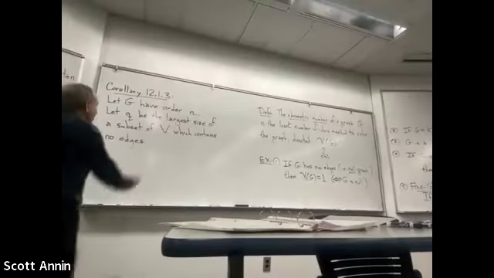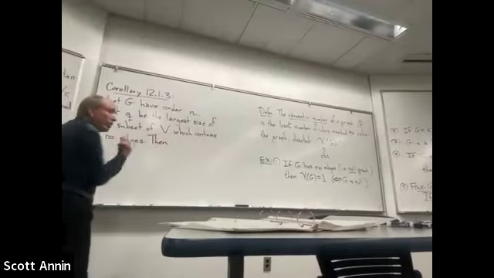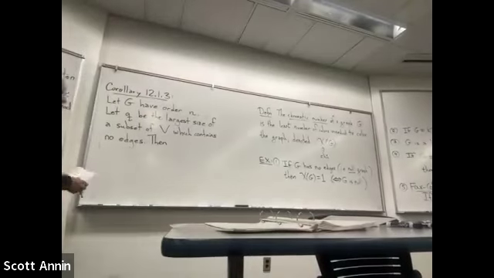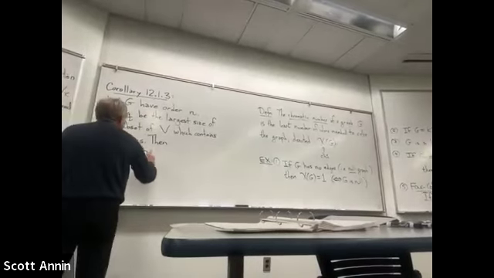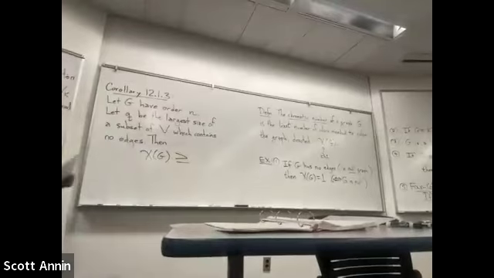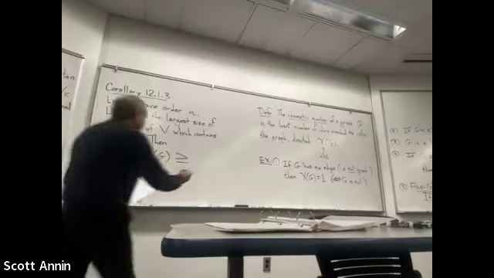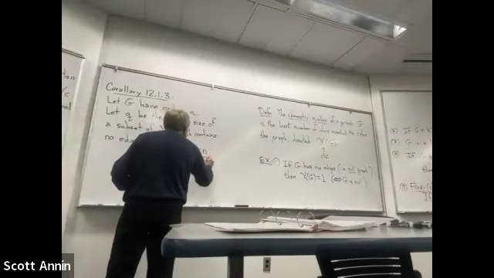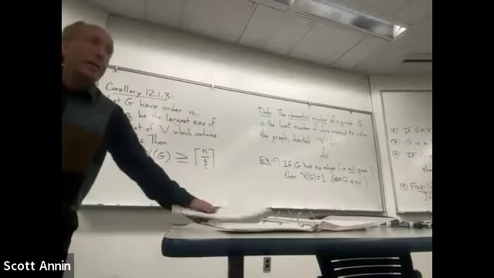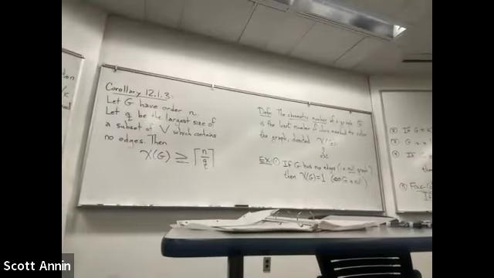But if you can figure out what Q is, then this corollary will give you a nice lower bound on the chromatic number. Namely, the chromatic number of this graph has to therefore be at least, and it's interesting, the ceiling of n divided by Q.